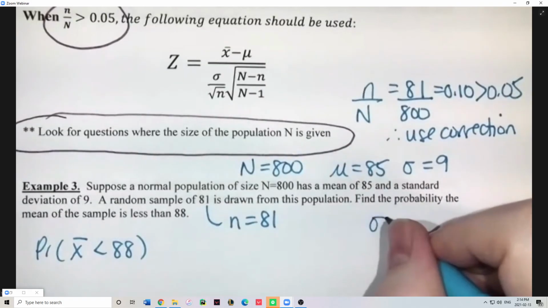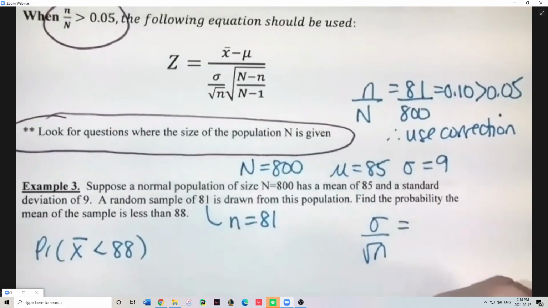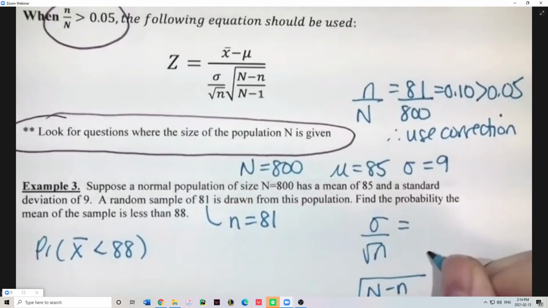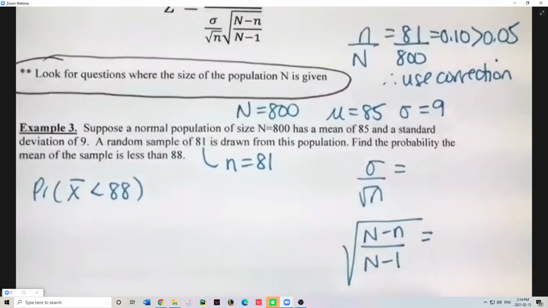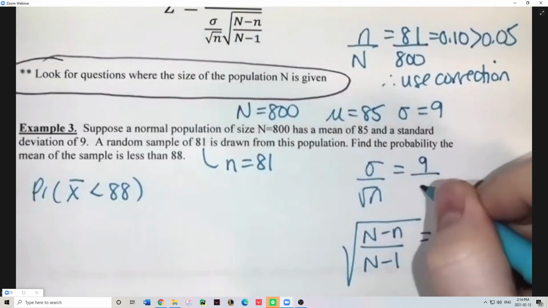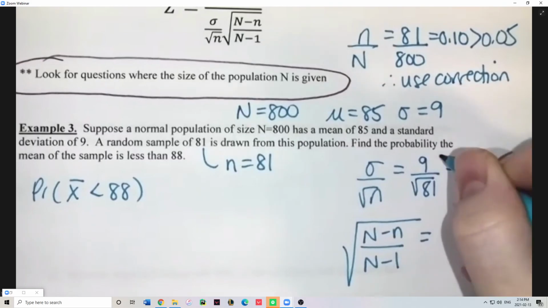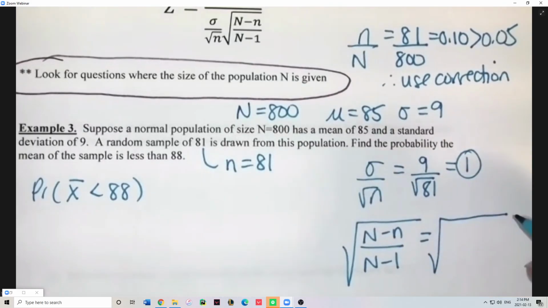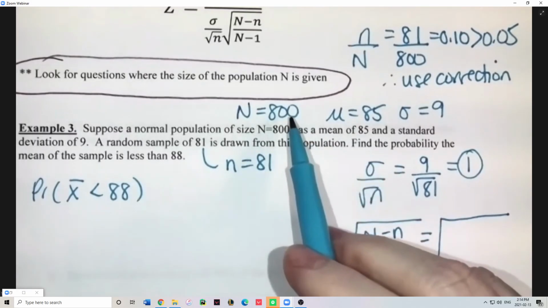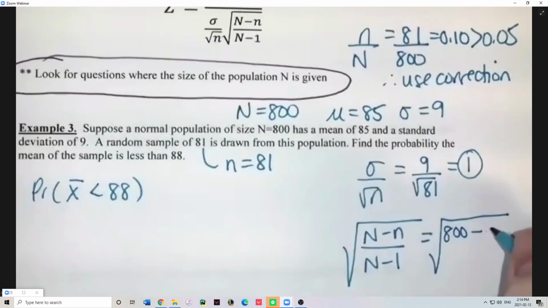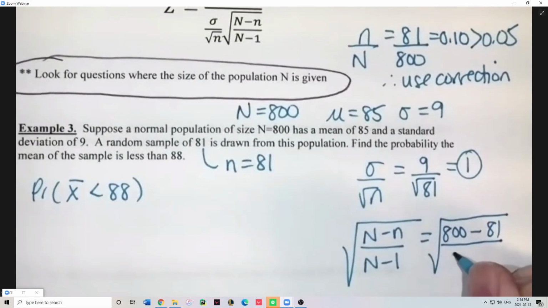So let's work out sigma over root n, and let's work out root N minus n over N minus 1. So sigma is 9 over root 81. That's 9 over 9 is 1. And here, N minus n, so 800 minus little n, 81, over 800 minus 1.